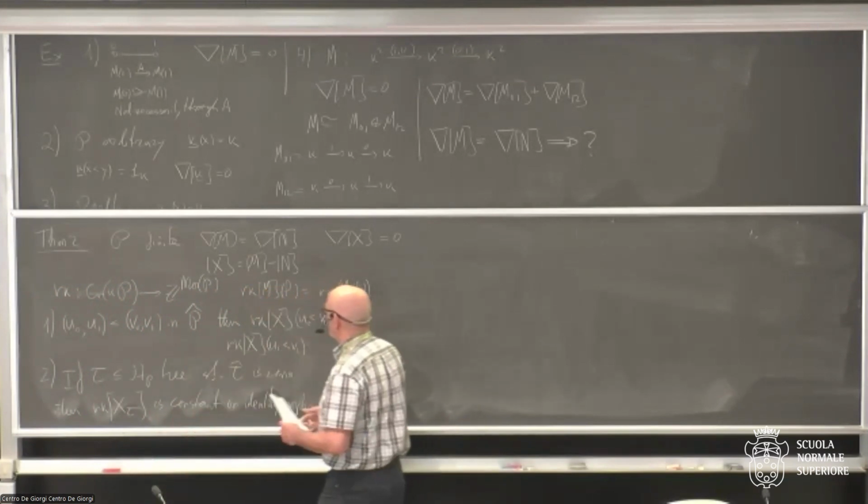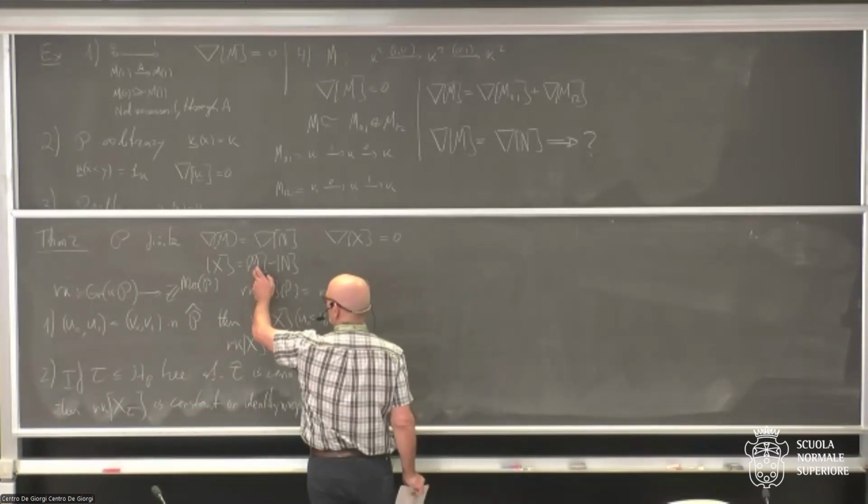Which in particular tells you that for every object x, M of x is isomorphic as a vector space to N of x.